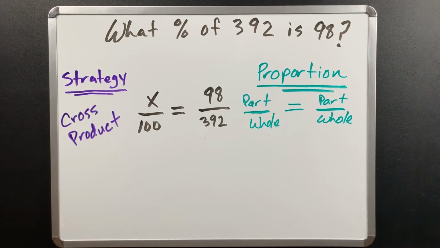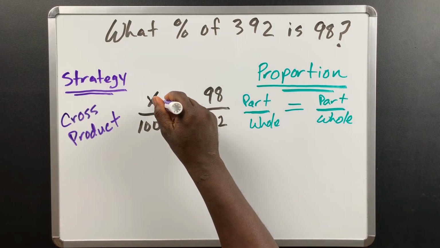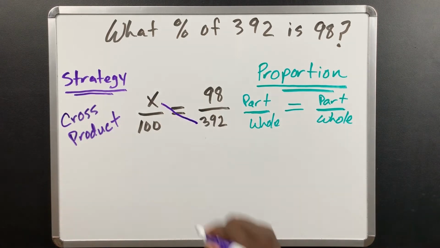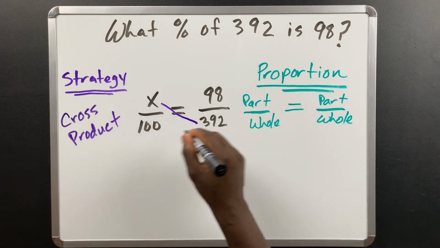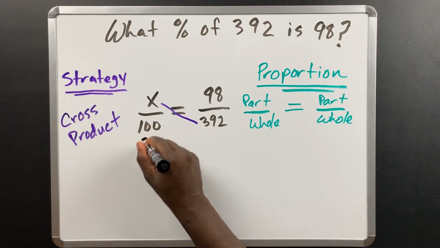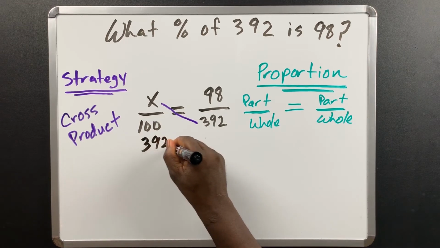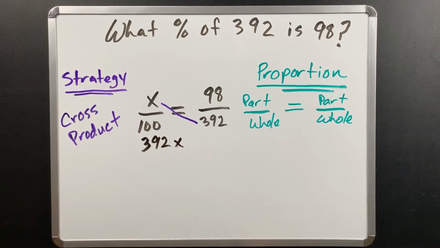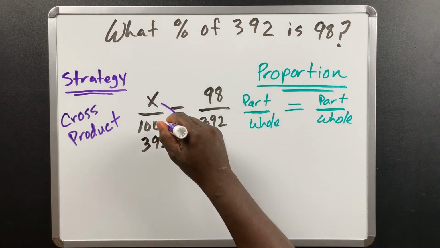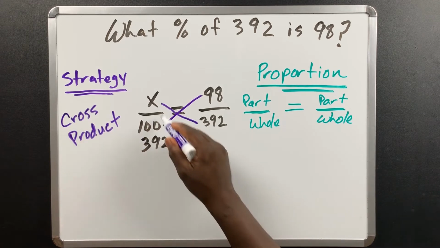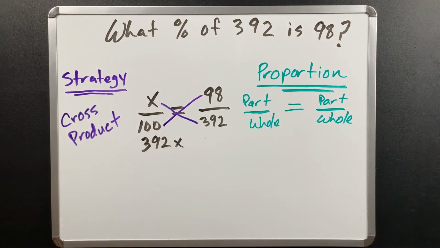Now let's prepare to use the cross product right here. So we're going to draw a line from here to here. That implies that we're going to multiply. So that line from here to here means 392 times x. Very good. Now we draw another line from here. There's that cross. That's why we call it cross product.